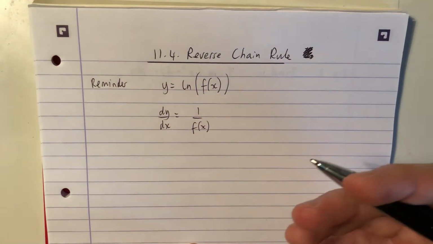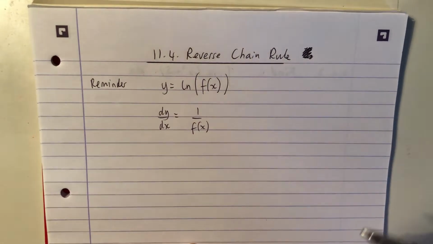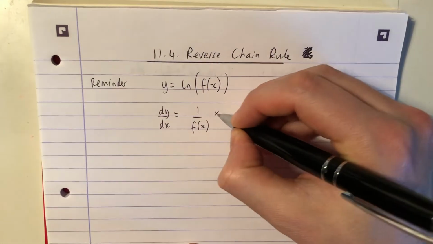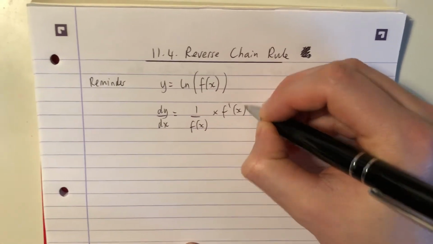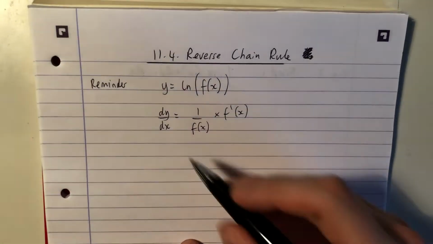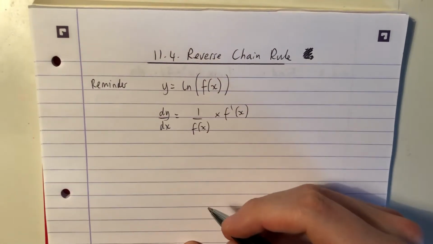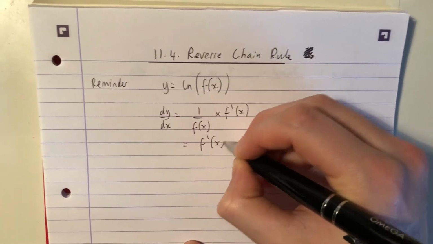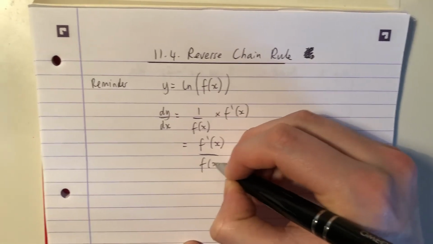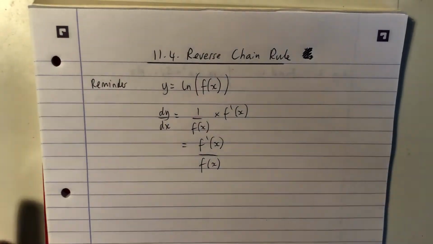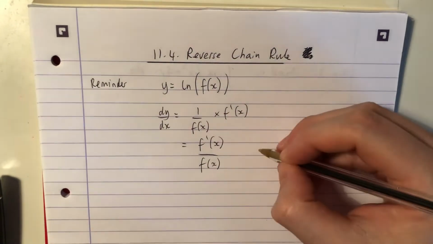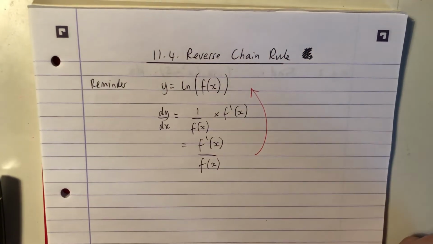That function could be something like 3x plus 5, it could be some trig stuff, it could be anything, but whatever it is, you times by it differentiated. Now, what's the best way to write that? Well, that would be f dashed of x over f of x.